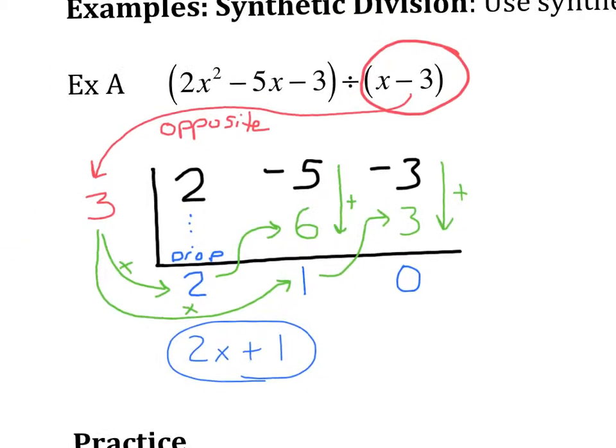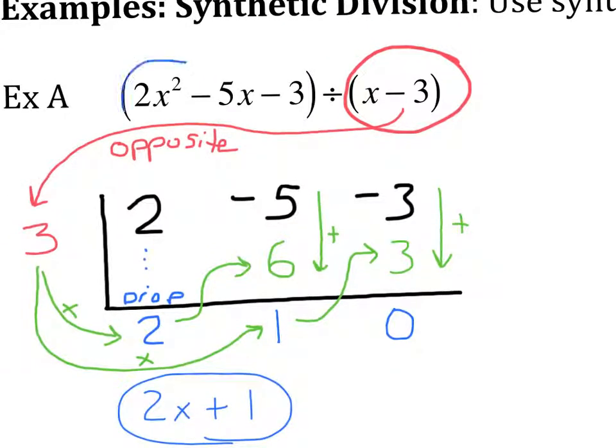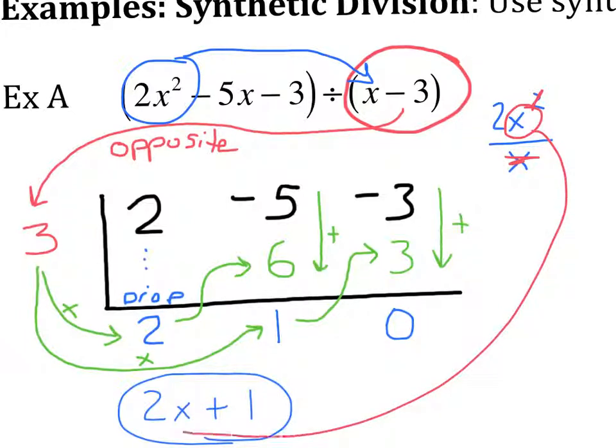Again, where did that come from? Because I am taking a 2x squared and simply, if I oversimplify, I'm dividing by an x, 2x squared dividing by x. Notice what happens. One of those x's drops out, and I'm left with just an x term, which is where that came from.